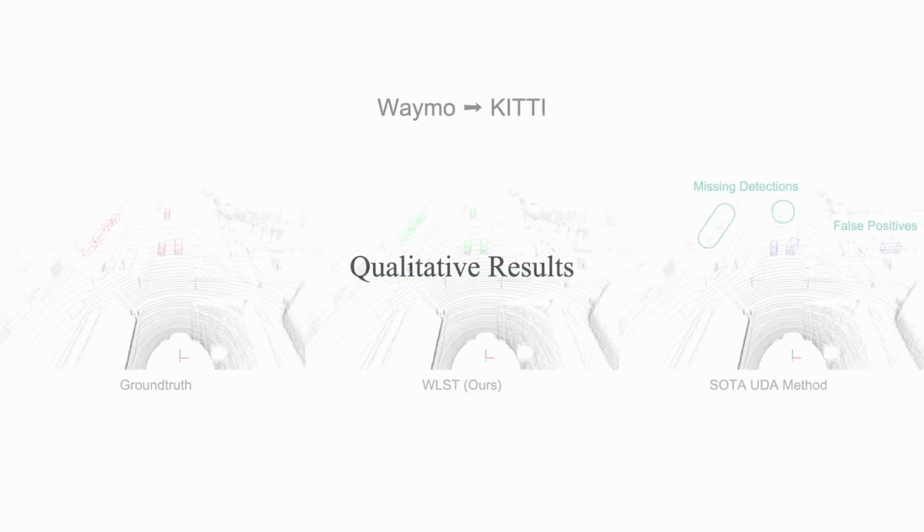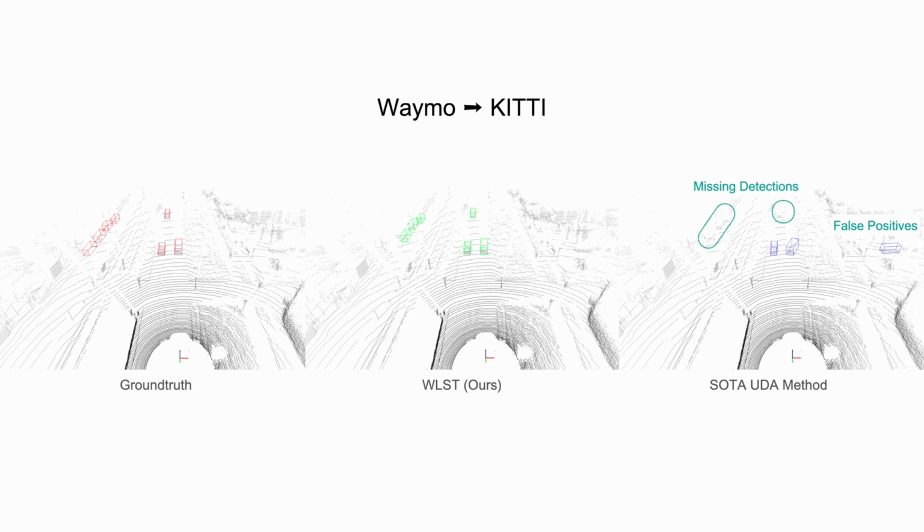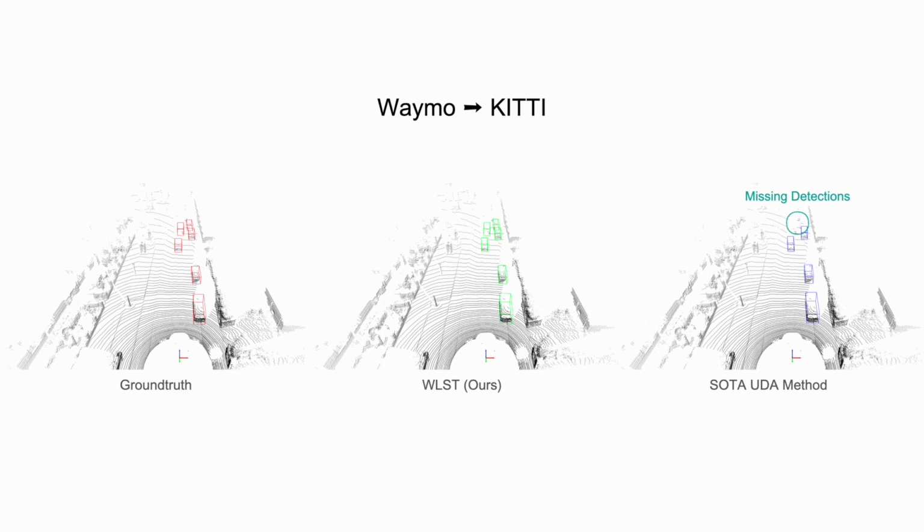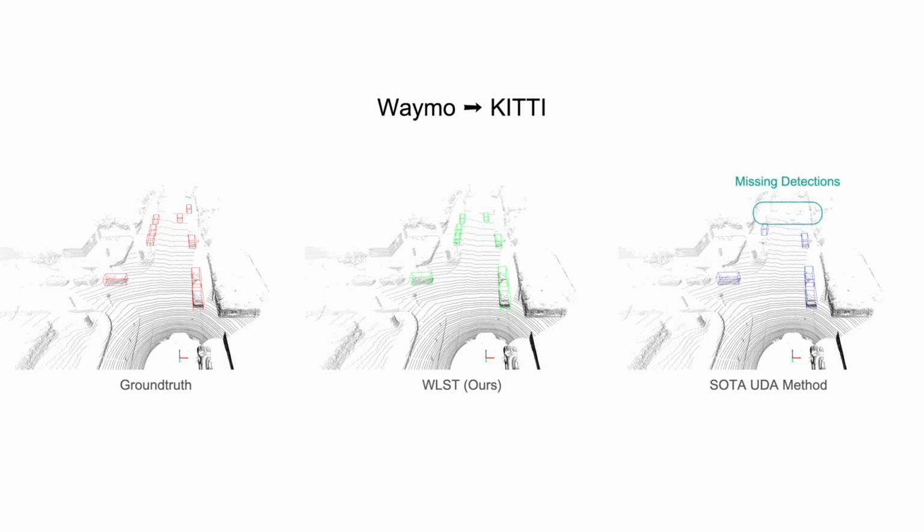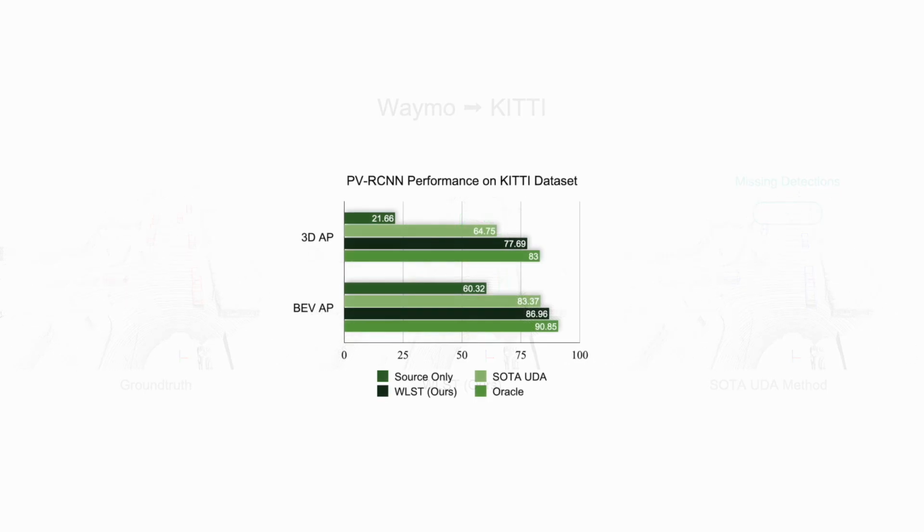Now let's take a look at some qualitative results. In the case of Waymo to KITTI, our method demonstrates the ability to generate higher quality pseudo-labels, exhibiting fewer missing detections and false positives, especially for vehicles located at longer distances. The figure shows that our method stands out as SOTA, particularly in terms of 3D average precision.